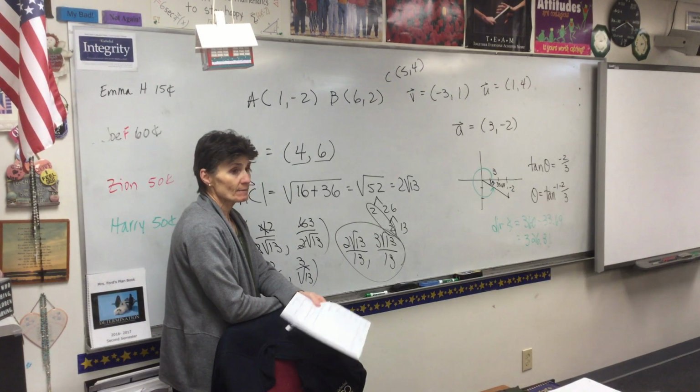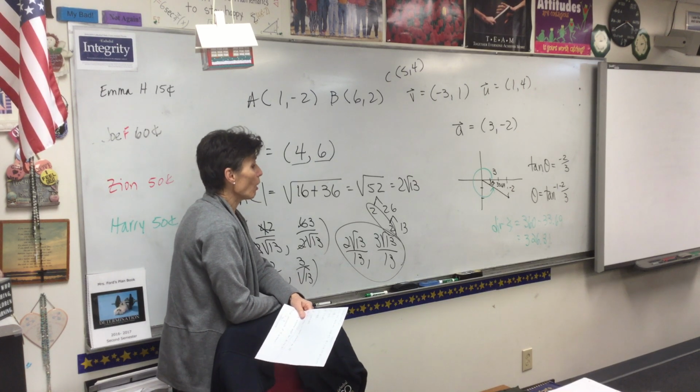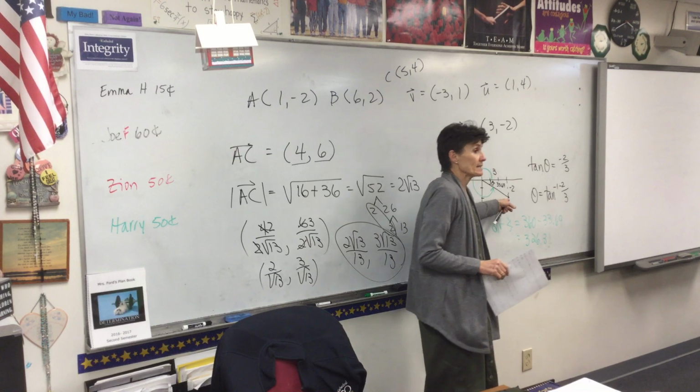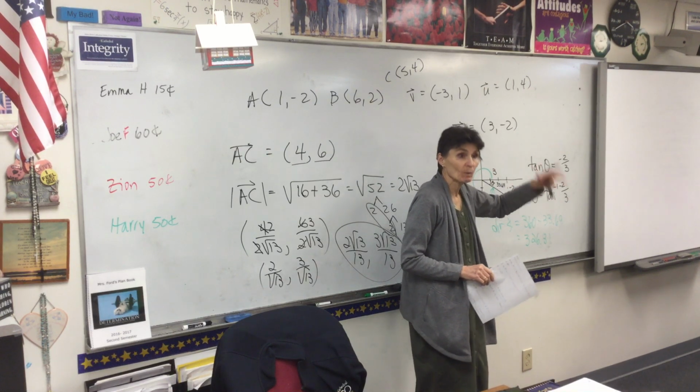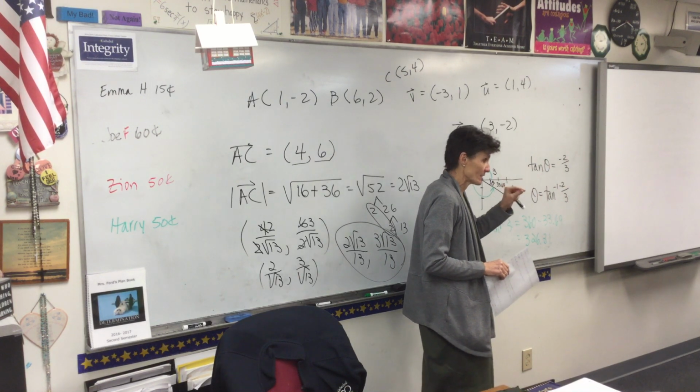Are we okay, guys? Remember, if you draw your vector, like we drew ours right here, if you draw it and it's not in quadrant 1, you have to do some kind of finagling with the angle. The calculator isn't going to give you the answer unless it's in quadrant 1.